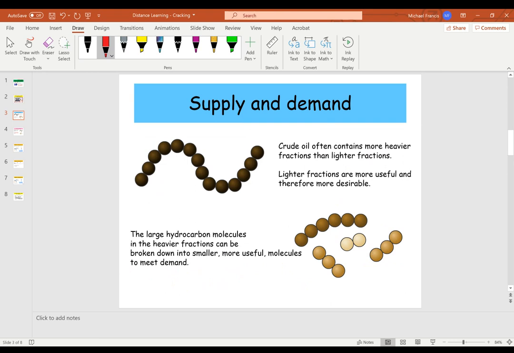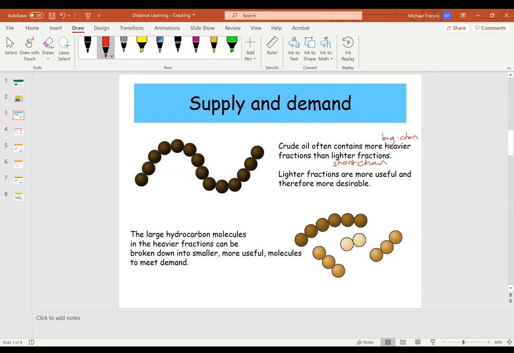What we should have been able to see from the graph is that crude oil contains more of the long chain fractions, or the heavier fractions, because there are more atoms in them. If they're longer, they will also be heavier. So crude oil contains more of the long chain fractions than of the lighter short chain fractions.